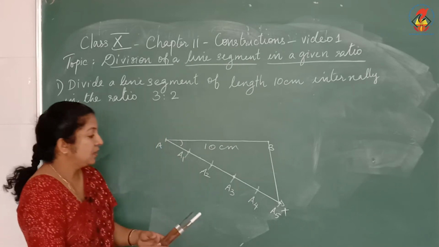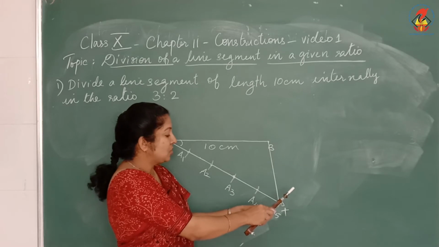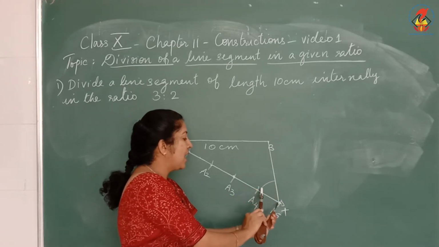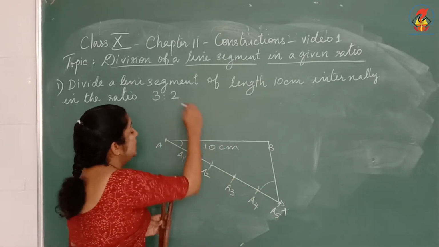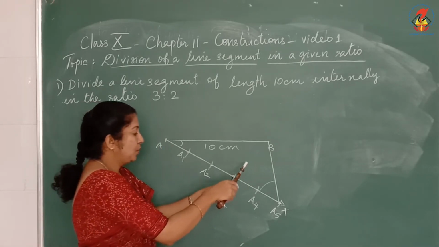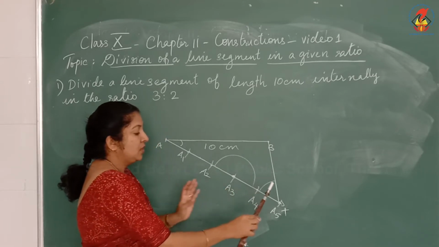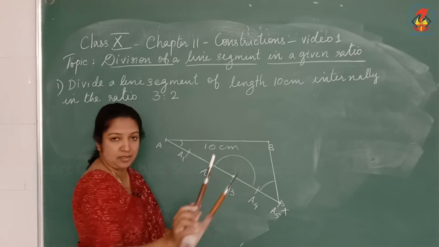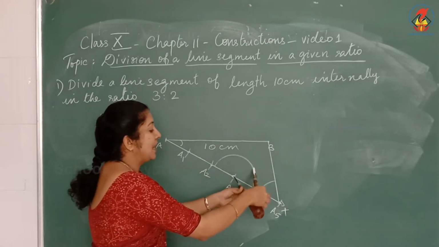What you have to do? You already learned how to construct parallel lines. So draw an arc here. We need an angle here with the same radius. At A3 draw an arc like this. First we have drawn an arc of a certain radius, and with the same radius we have drawn an arc at A3.